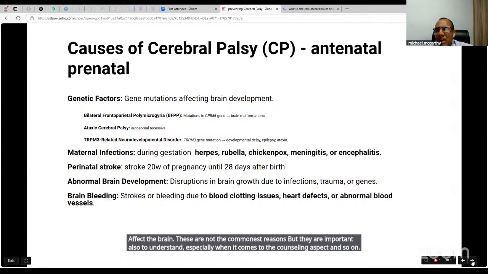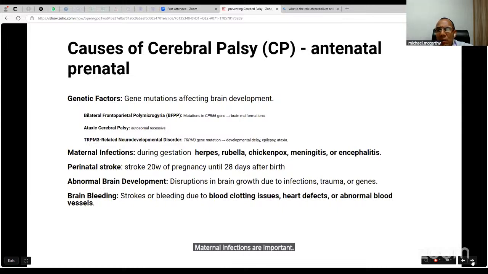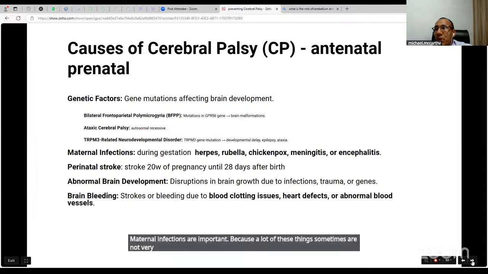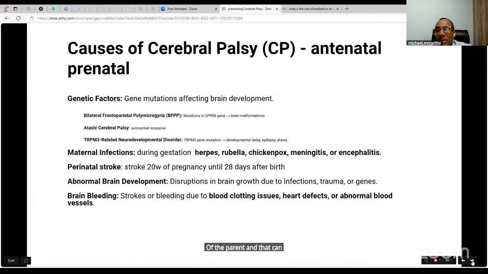Maternal infections are important because a lot of these things sometimes are not very much under the control of the parent, and that can be a challenge and can affect the baby.